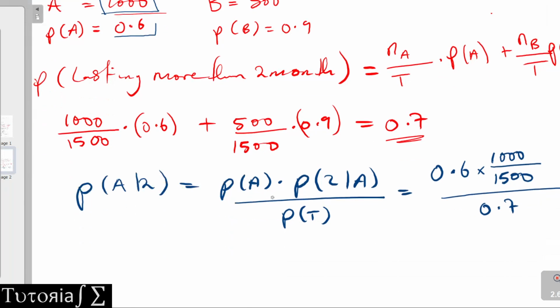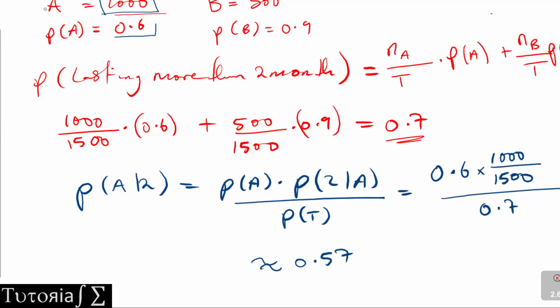When simplified, this gives you approximately 0.57.